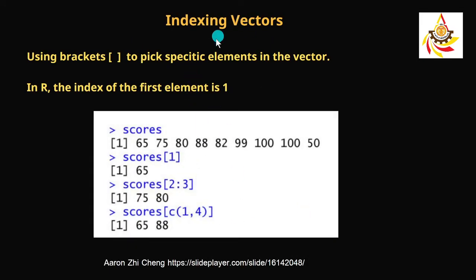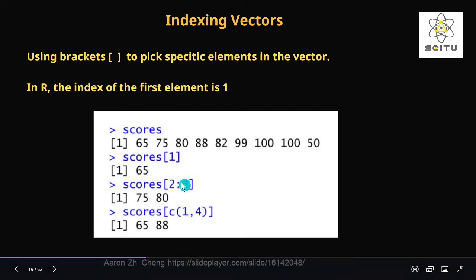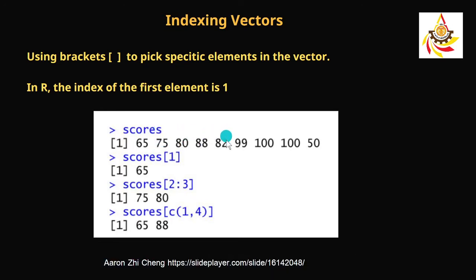Index vector: when you would like to call or recall data again using brackets, for example if you need to call 65 in the first record, you may use score and put the value in the bracket to pick the data 65. You may also use a range of columns to get continuous data, like 2 and 3, meaning columns 2 and 3.